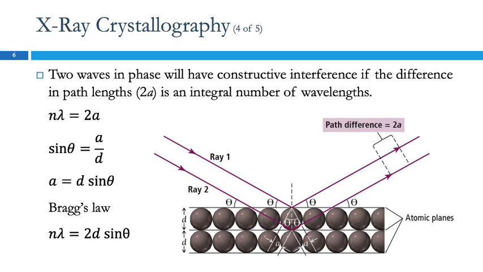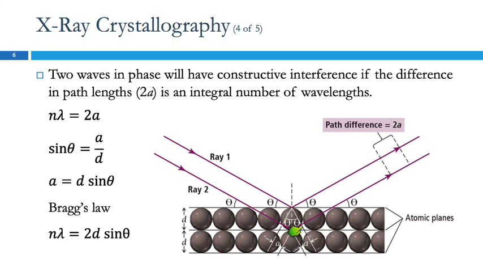So how do they do this? If we have two waves that are in phase, they will have constructive interference if their peaks line up on top of each other, right? So if these two rays are passing through different parts of the crystal, ray 2 is traveling farther than ray 1.